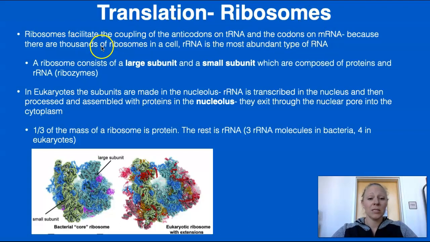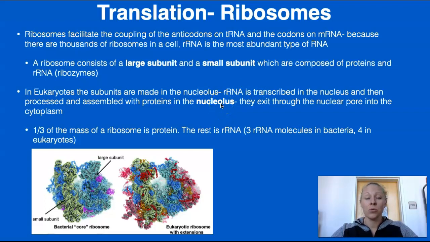A ribosome consists of a large subunit and a small subunit, and they are composed of both proteins and rRNA. The rRNA is transcribed in the nucleus, which makes sense, because that's where transcription happens, since DNA only exists in the nucleus. Then that rRNA is shipped off to the nucleolus where the proteins are added.